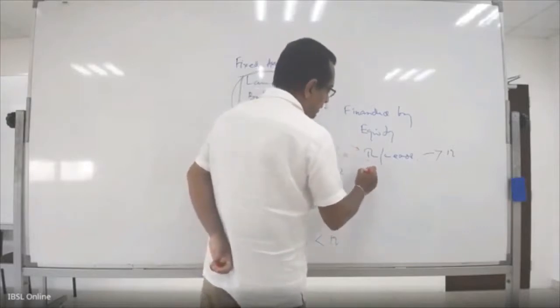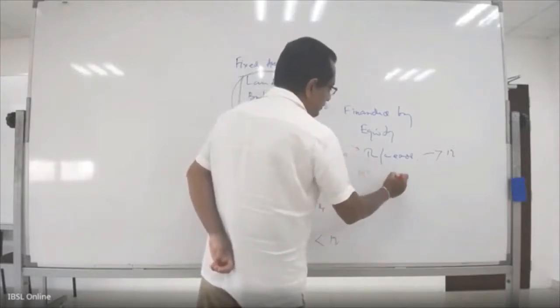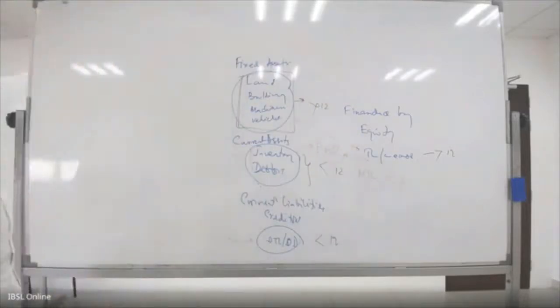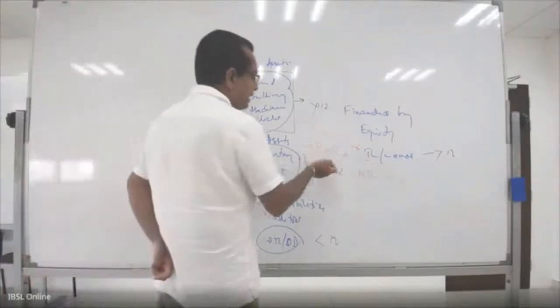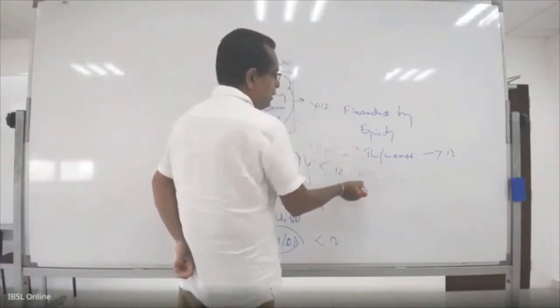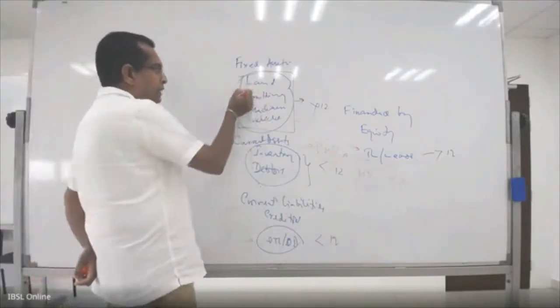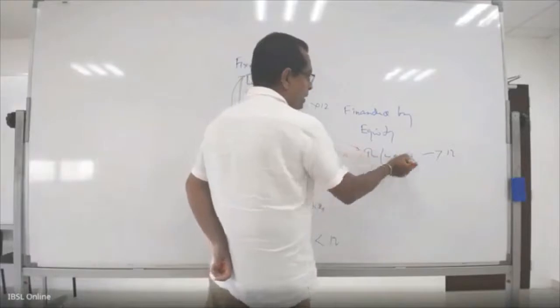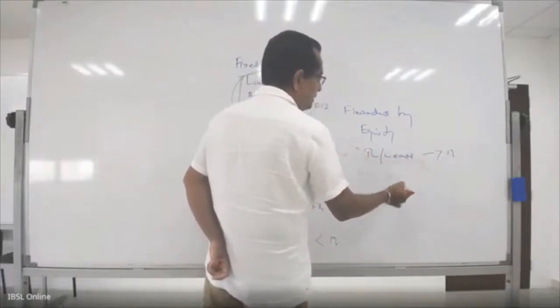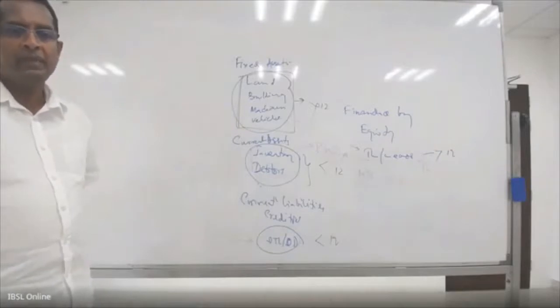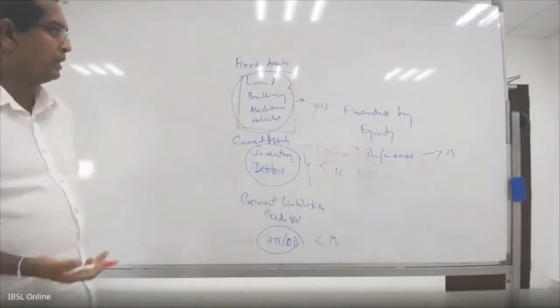It is a medium-term loan, which may be less than 36 months, right? That is the ideal case. Whenever we are financing the permanent working capital, we go for a medium-term loan. Whereas for the fixed assets, we go for a term loan, which is more than 36, maybe 48, 50, 60, 72, whatever.